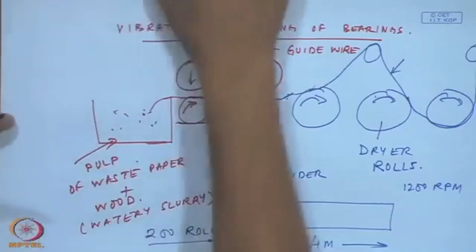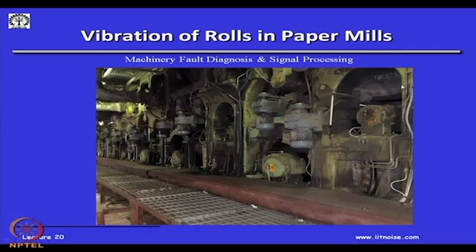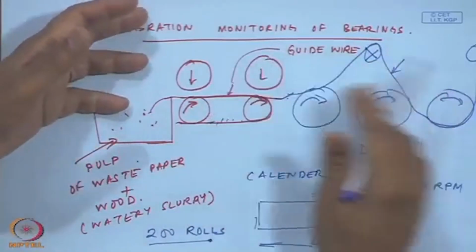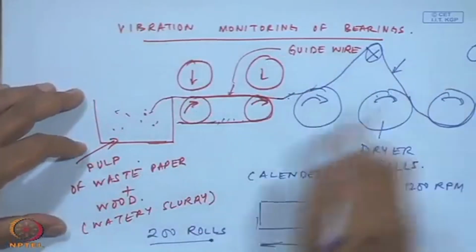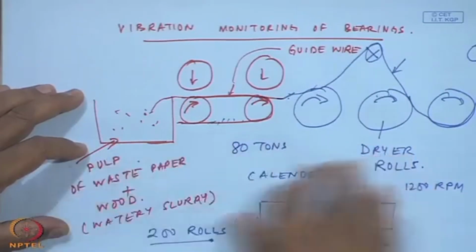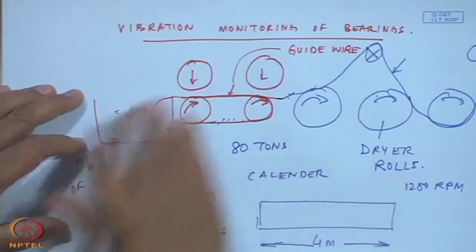And this is a view of the dryer rolls. If you can see the rolls here, of course, all these rolls have to be supported on bearings. And imagine if one roll breaks or fails, your paper is going to get jammed and there will be no production. This is a continuous process. About 80 tons of paper comes out per day. This is continuously running.